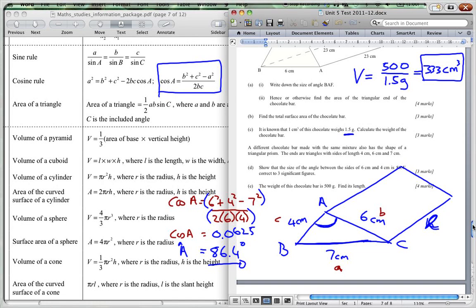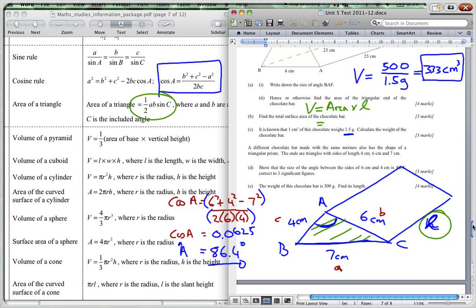Now, to find the volume of a prism, we've got to find the area of this and multiply it by that. So the volume is equal to the area of the base, the area of that triangle, times the length. Now the area of the base, we're going to use this formula again.